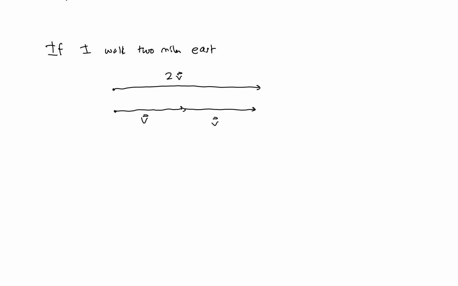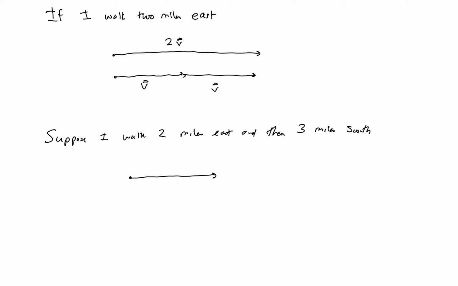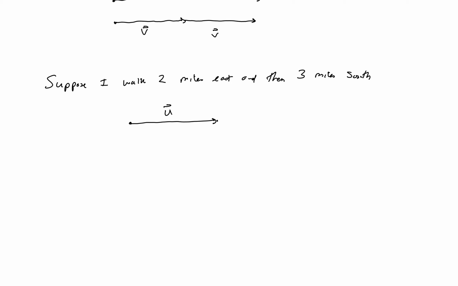Now, let's suppose I walk 2 miles east and then 3 miles south. I could think of this as first I walk 2 miles east, so let's call this vector, say, u, and then I walk 3 miles south.